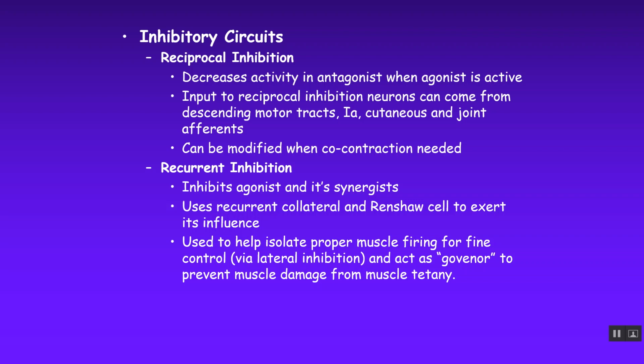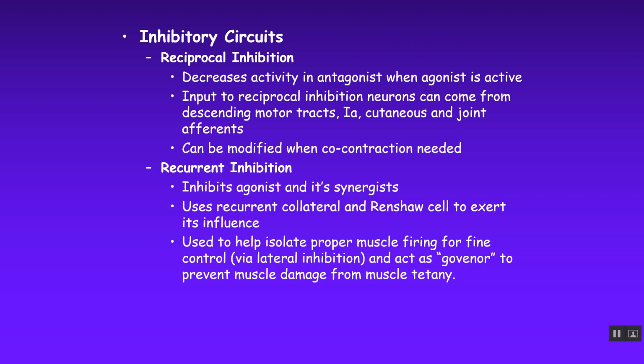So these recurrent inhibition circuits and Renshaw cells act to focus the signal. They focus the muscle signal to just the motor fibers and muscles you need for that task. They sense when there's too much activity and they limit, narrow, and focus the signal.